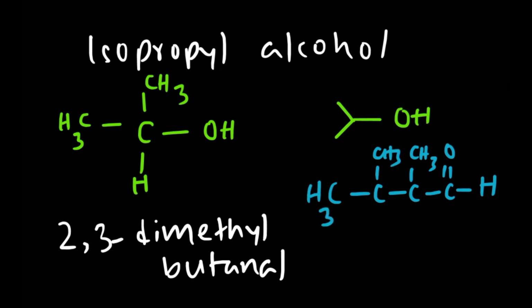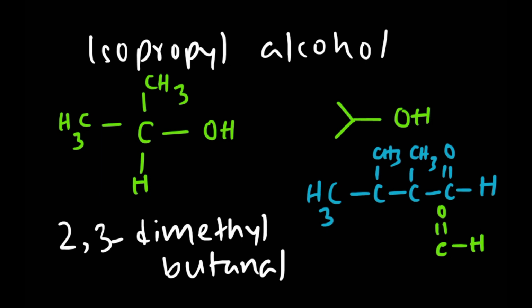Okay, now we have to write the bond line structure. This is not the complete structure, because we have written this in complete structure form. Now according to the exercise we have to write the bond line structure. Very simple. First of all, we must write the aldehyde group, because it is the functional group, so we have to write the functional group.